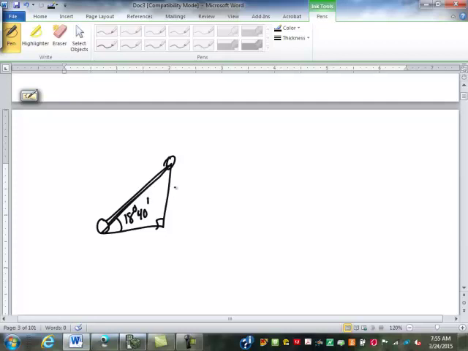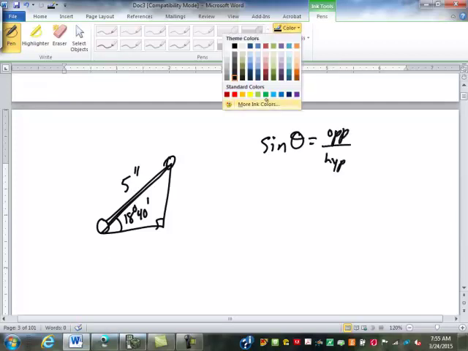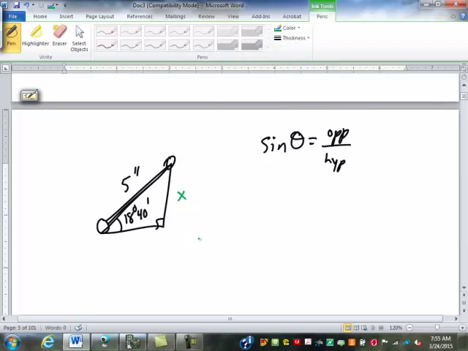Well, we can still enter this. 5-inch sine bar again. Sine of our angle is opposite over hypotenuse. If we let x be our opposite side, that's the height we're looking for. Sine of 18 degrees, 40 minutes equals x over 5.